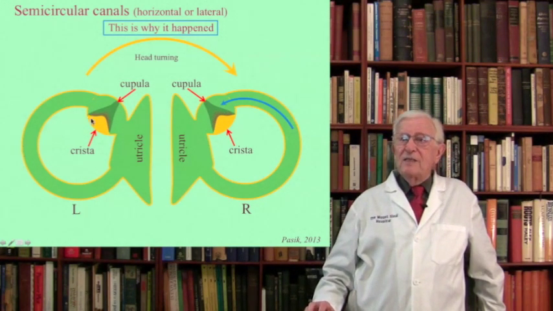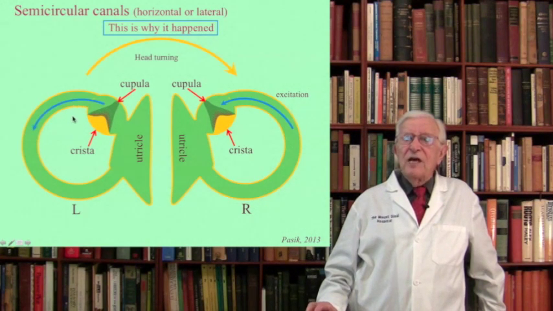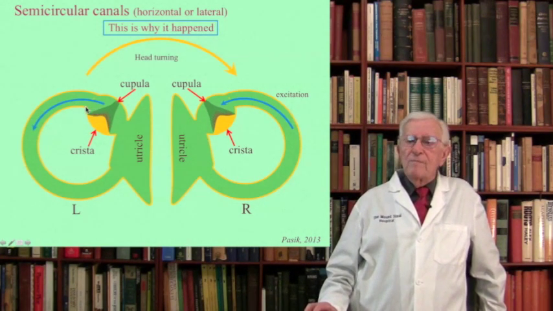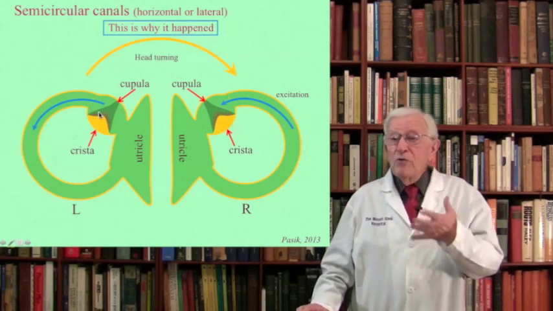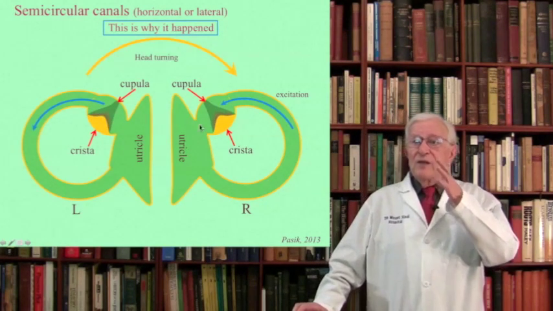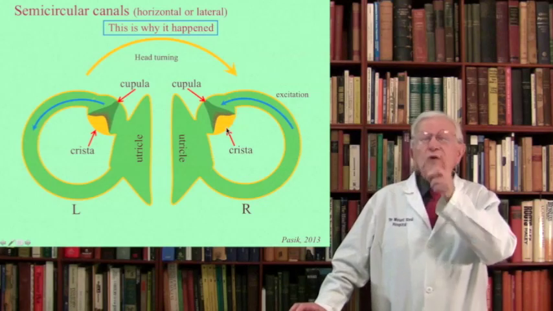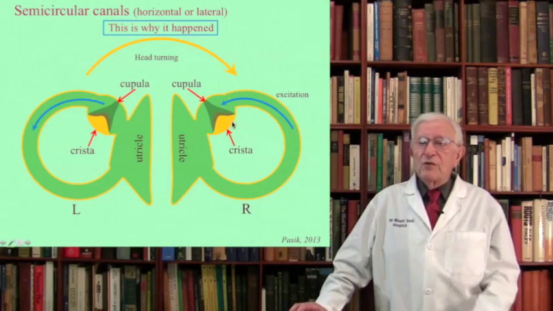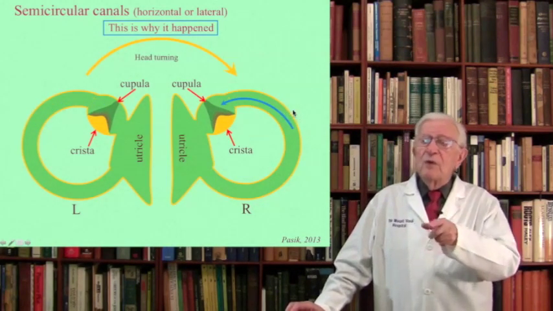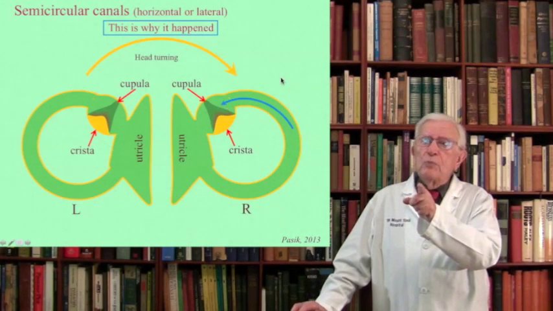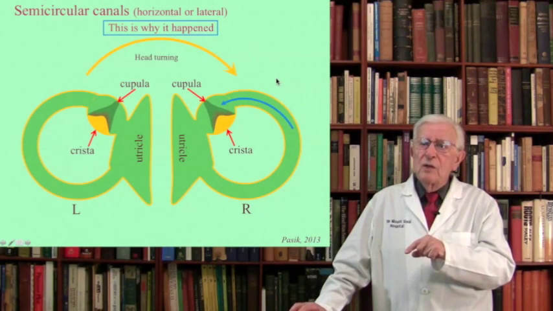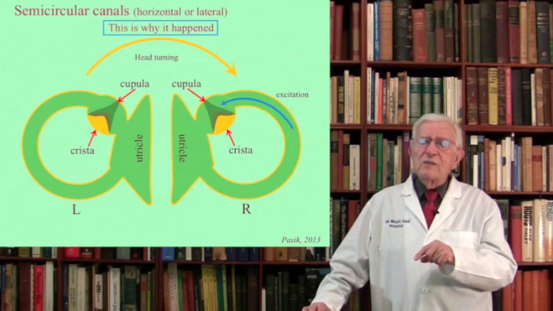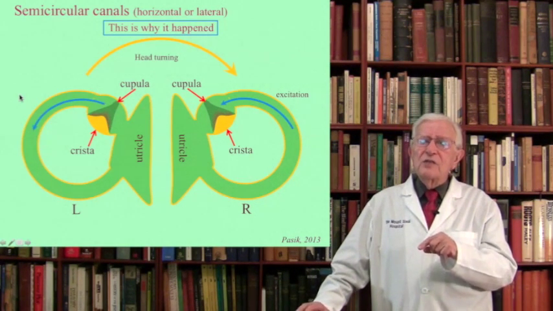But on the left side, the endolymph is doing exactly the same trajectory, but in this case, it is pulling from the cupula. And now you can say very clearly that when you record from the receptors and from the vestibular nerve fibers, pushing the cupula results in excitation, whereas pulling from the cupula results in inhibition.